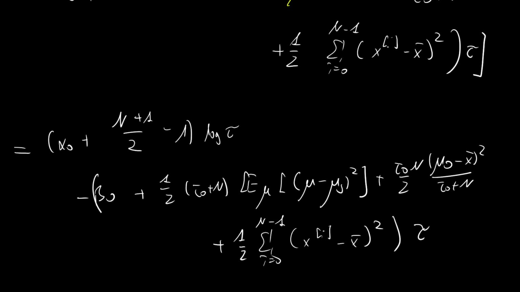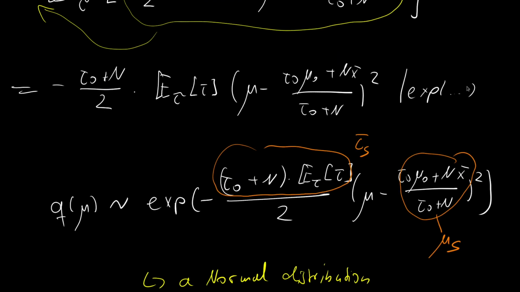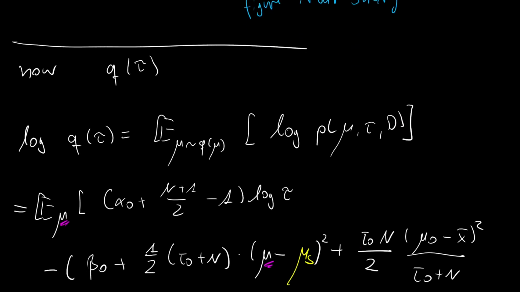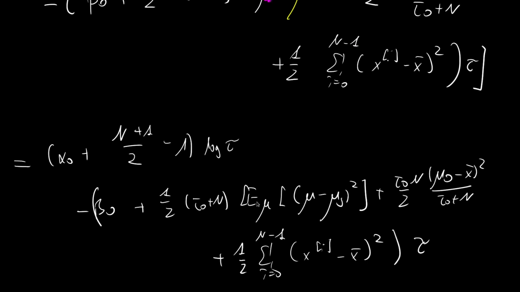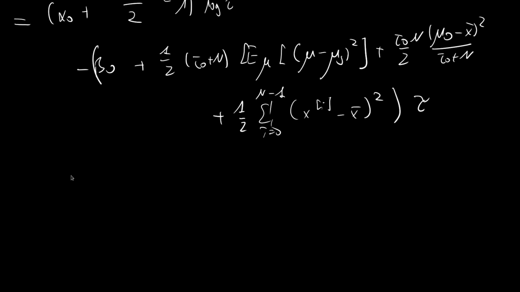And similar to the derivations for the surrogate on mu that we did here, we exponentiated on both sides. And then we found, in this case, that it is a normal distribution. Here, if we would do the exponentiation on both sides, we would get tau raised to this here, and you would get an e to the minus this here times tau. So in essence, this q of tau is a gamma distribution.